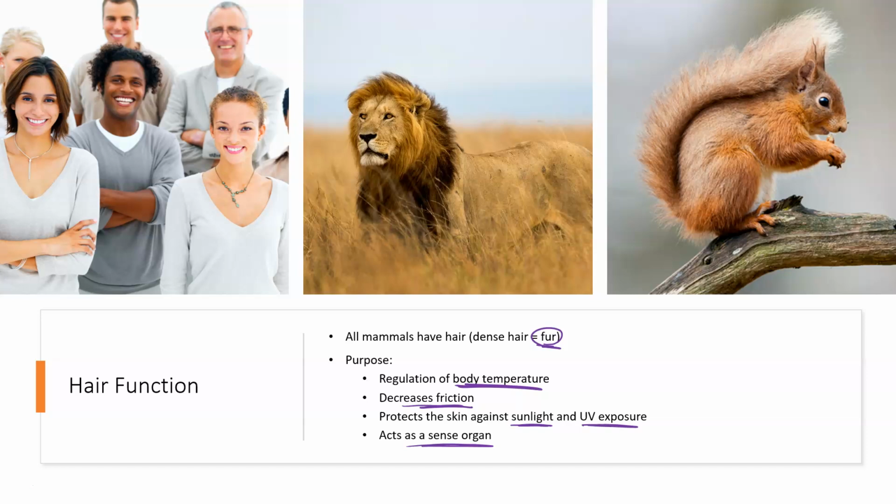You will actually, without touching your skin, feel or sense contact with that object just through your hair, because in the follicle there are sensory receptors that can help detect feeling or vibrations that move through that hair shaft. Again, one of the things that helps keep you safe within your environment.